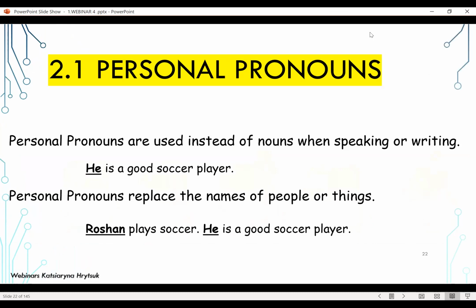Personal pronouns replace the names of people or things. Roshan plays soccer. He is a good soccer player. Good. So you see, they are used instead of nouns. So that's why they're personal pronouns. It's easy. They replace the person.